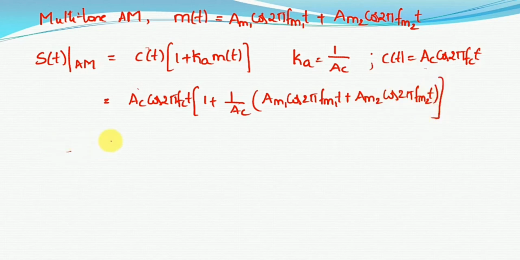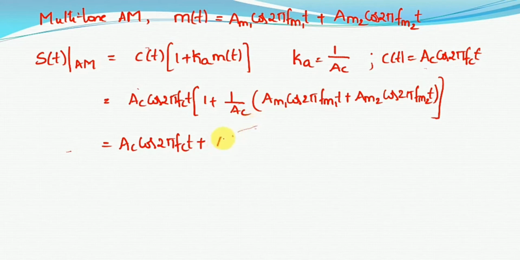Now do simplification. Then its value is Ac cos 2 pi fc t plus Am1 by Ac. So it is the first message signal with frequency fm1 and amplitude Am1, and the ratio Am1 by Ac is indicated by the first modulation index m1 or mu1.